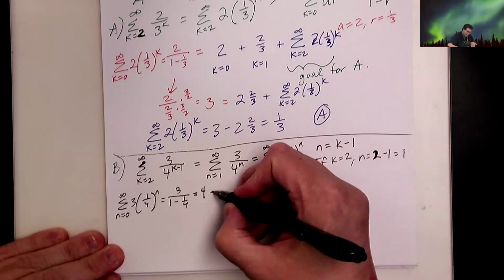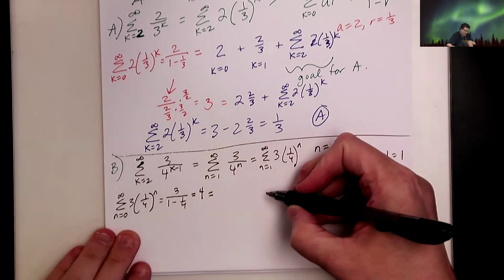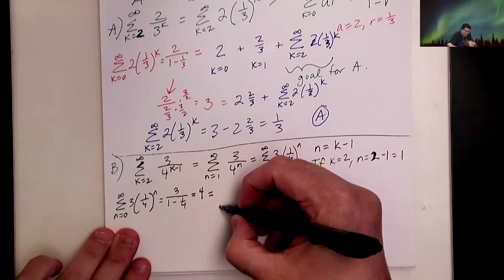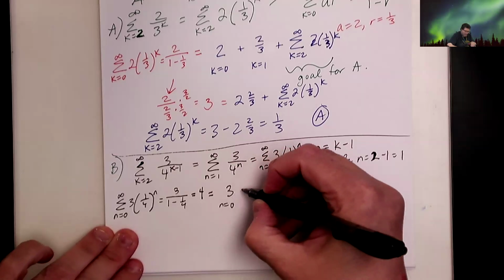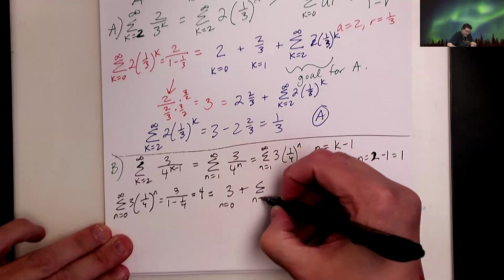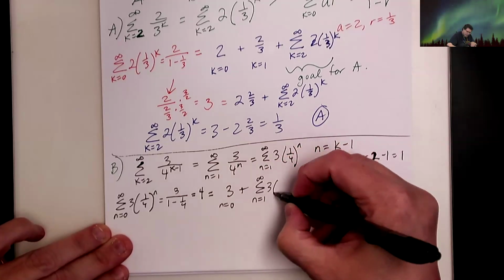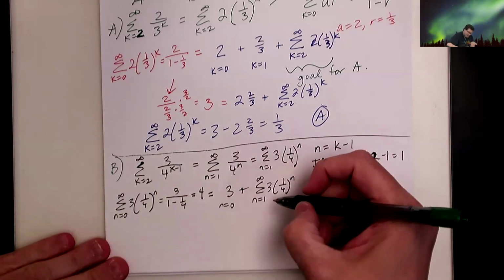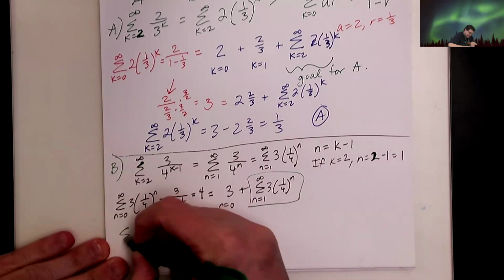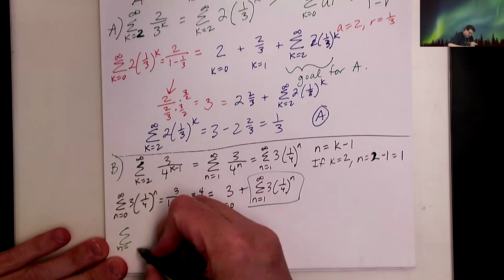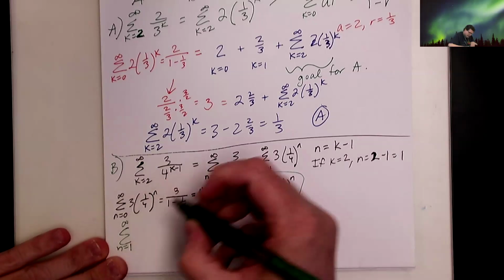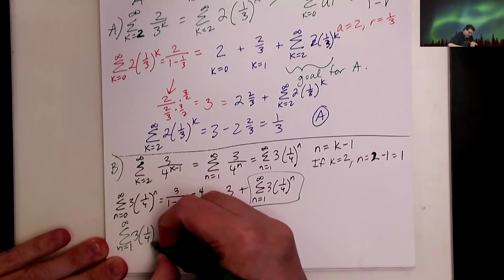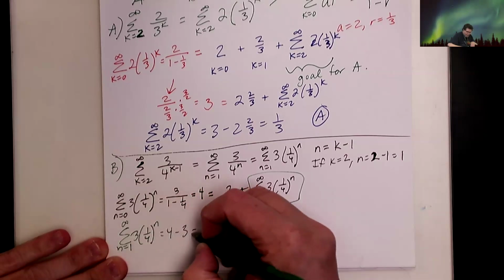But it also should equal the n equals 0 term, which would give me a 3, plus n equals 1 to infinity of 3 times 1/4 to the n. So if we subtract, we'll get n equals 1 to infinity of 3 times 1/4 to the n is 4 minus 3, which equals 1.